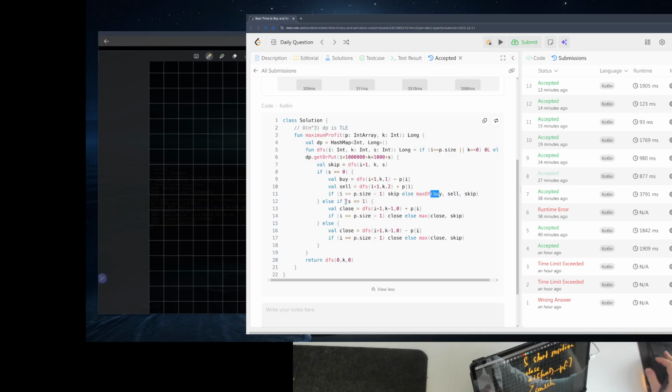If you're doing the action of buying, you encode the state of 1, and if you do the action of short selling, you encode the state of 2. Just remember it. Then you go into the next step, and imagine you have state of 1. That means you bought the stock and you choose to skip this day, or you can close this day, and when you close the deal, you are adding some value.